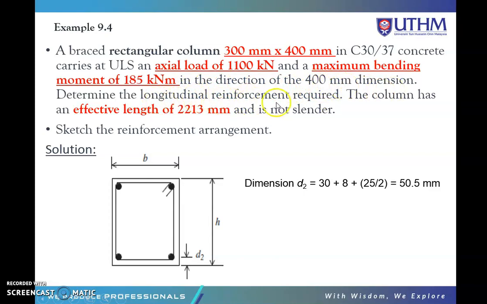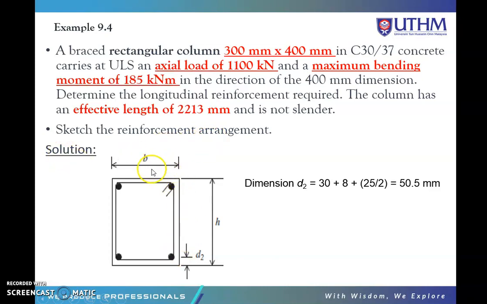Determine the longitudinal reinforcement required. So dia nak suruh kita cari dia punya longitudinal reinforcement required. The column has an effective length, dia dah bagi dah siap, effective length of 2230 mm and is not a slender column. Okay, sketch the reinforcement arrangement.